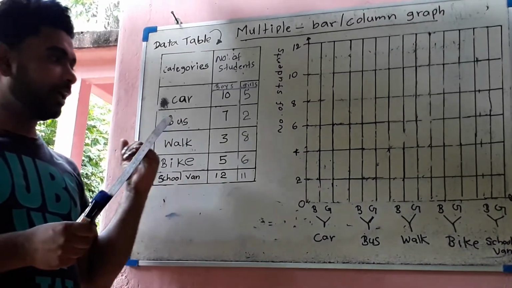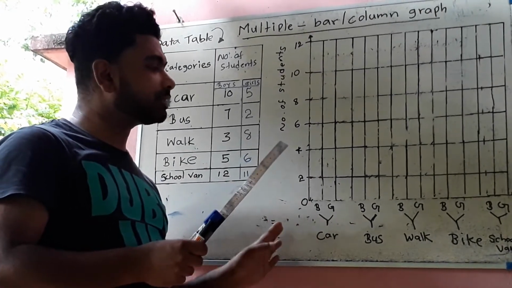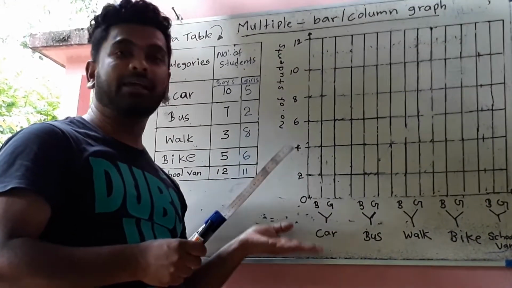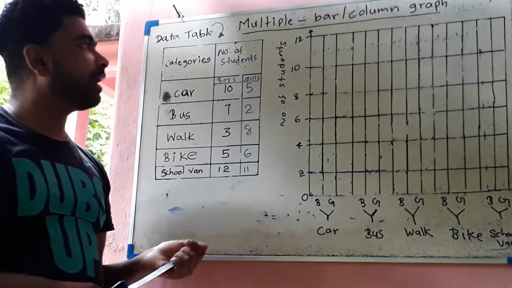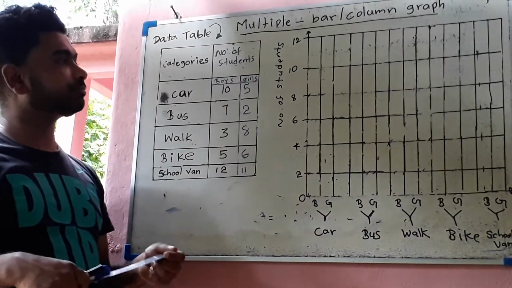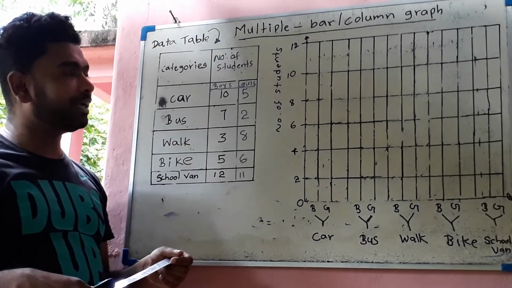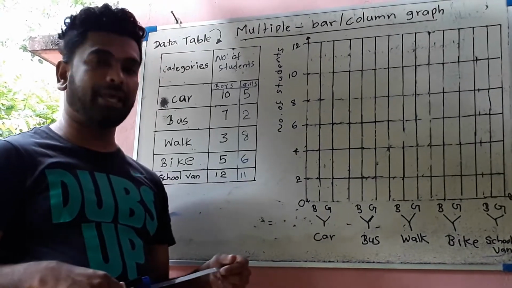You need to use the horizontal line, or x-axis, for the categories and subcategories, and for the y-axis you can use number of students. It is better if you use squared paper or graph paper.